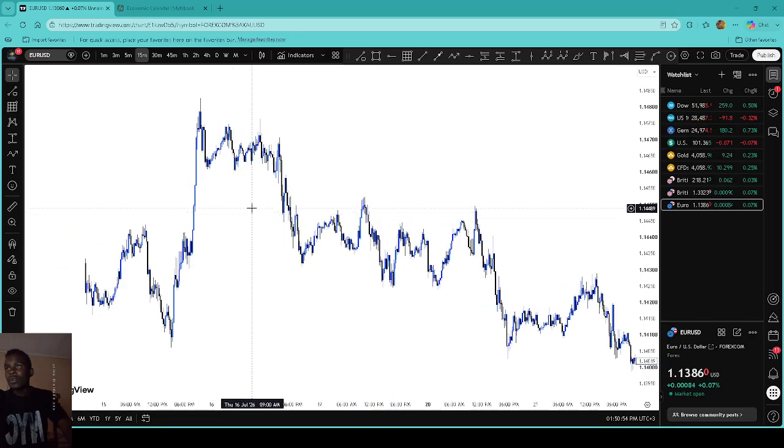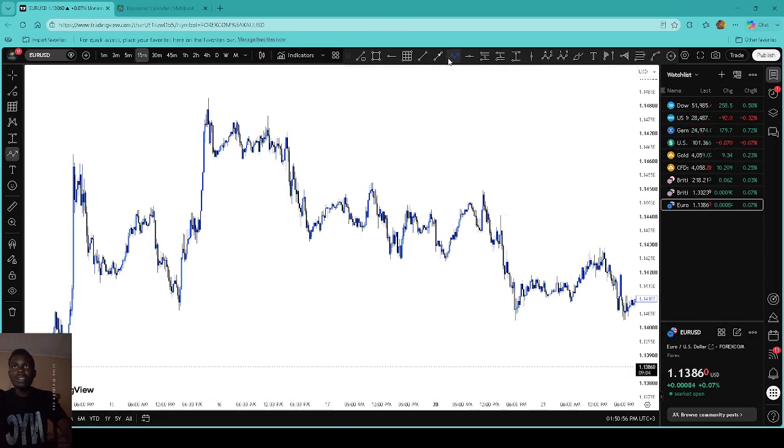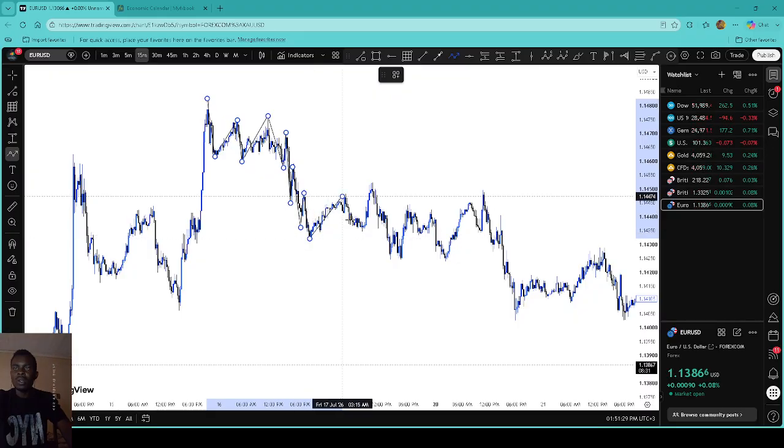Are we together? For example, this market over here created a higher high and then a lower low, and then a lower high, a lower low, another lower high, another lower low, a lower high, lower low, lower high, lower low, lower high, lower low.